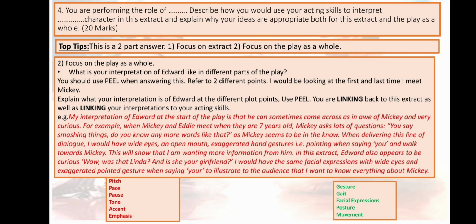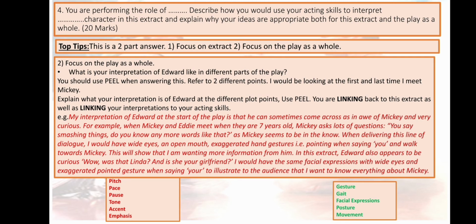The second part of the question focuses on the play as a whole. Your first task, or your first paragraph, should be about your interpretation of the character in at least 2 different parts of the play. My advice would be to use the beginning and the end, as this scene takes place at the start of Act 2.